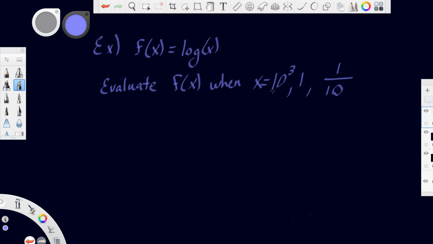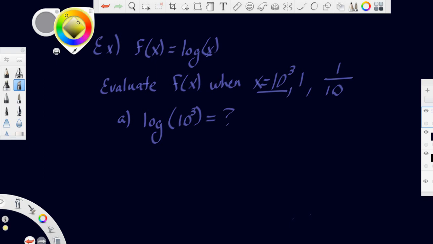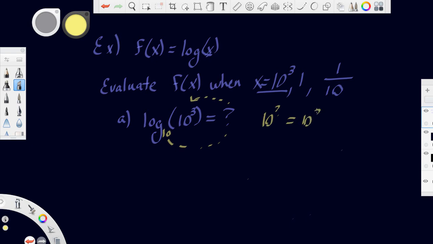What this means is I'm going to take these values and plug them in for this x. The first one, we want to know what log of 10 to the third is. Remember, the base is implied to be 10, so that's going to be 10 to the question mark equals 10 to the third. So that would have to equal 3.